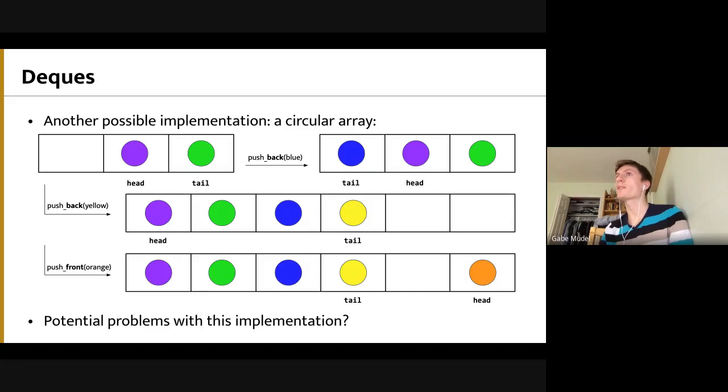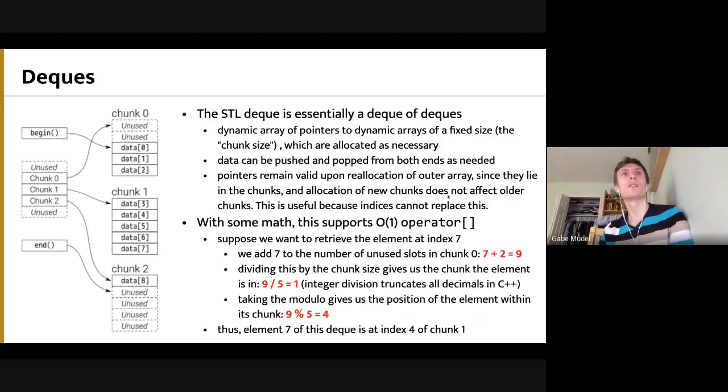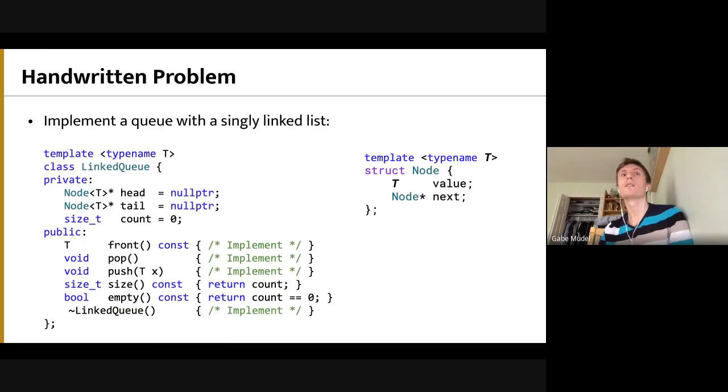Looks like a different problem than linked queue. Okay, yeah, so stick to the linked queue one then.